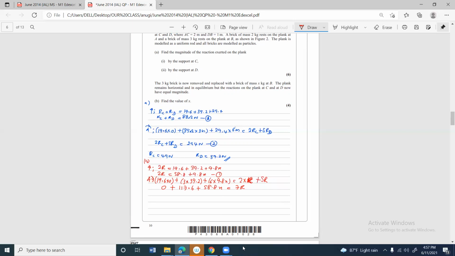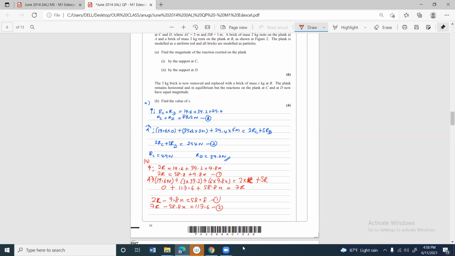From the first equation: 2R minus 9.8x is equal to 58.8. From here, 7R minus 58.8x is equal to 117.6.